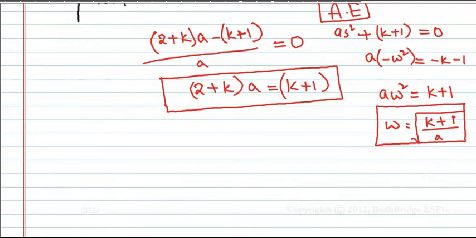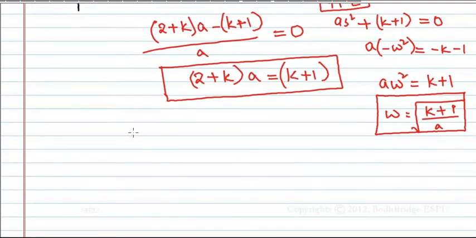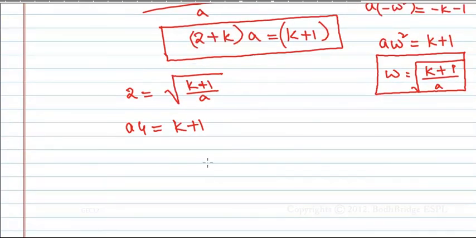And what has he given? The frequency of oscillation should be 2. Omega equal to 2. 2 is equal to the square root of (k plus 1)/a. Therefore what do I have? 4a is equal to k plus 1. Substitute it here: (2 + k) into a is equal to 4a.